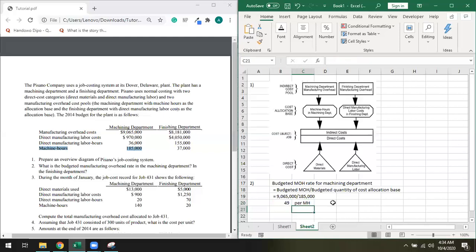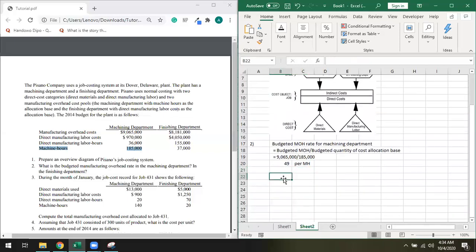So this is the budgeted manufacturing overhead rate for machine department. Now we want to find the budgeted manufacturing overhead rate for finishing department.